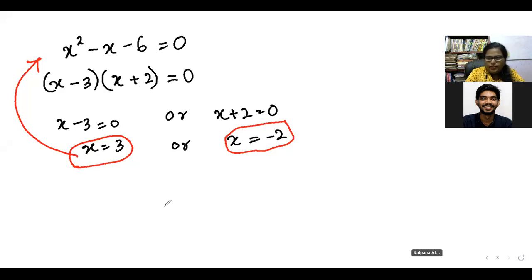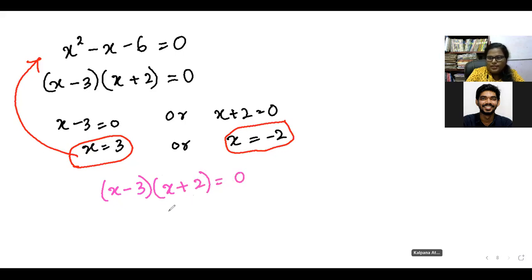But if someone tells you that 3 and minus 2 are the roots of this quadratic equation, what is the quadratic equation? This is the type of question part D is asking, and that's why I'm describing it. If someone tells you to construct the quadratic equation here, what you have to do is write x minus 3 times x plus 2 equals 0.